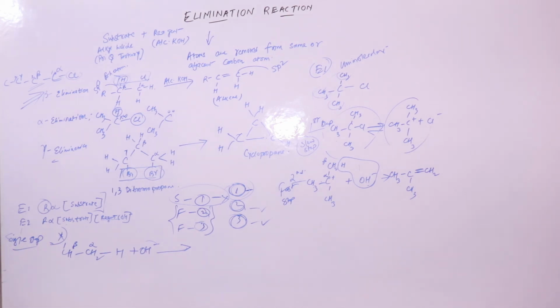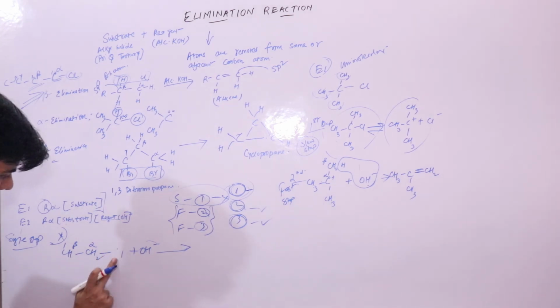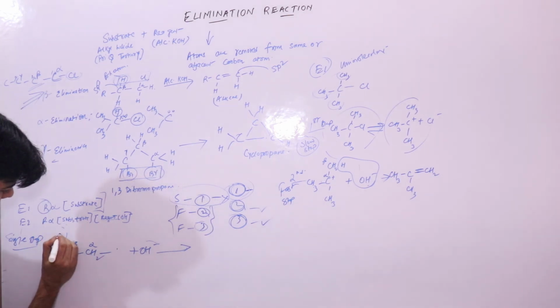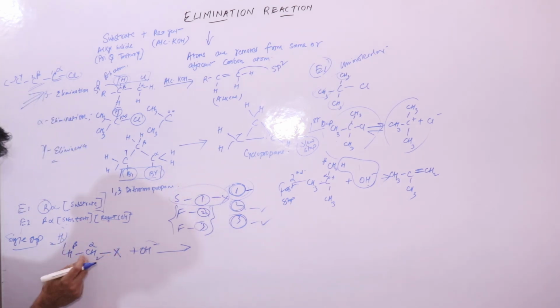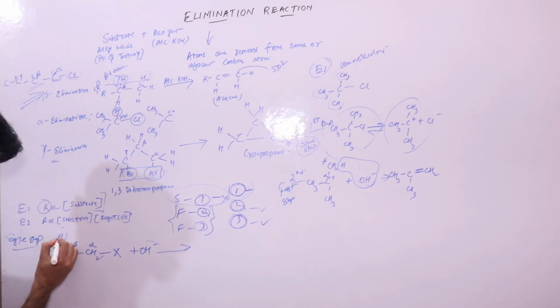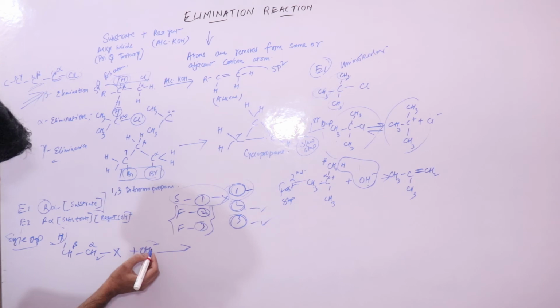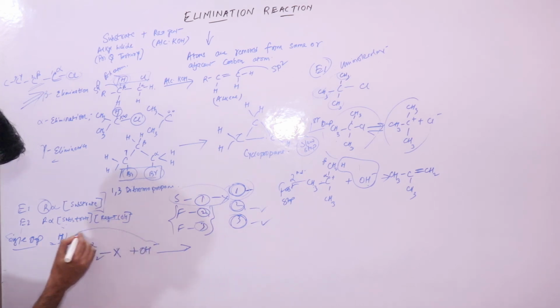I'm sorry, it should not be like this. X should be here. X is always at the alpha carbon in alkyl halides. This is your beta hydrogen, this is your beta carbon. So this reagent will abstract a proton from the beta carbon, and at the same time this halide ion will also leave.